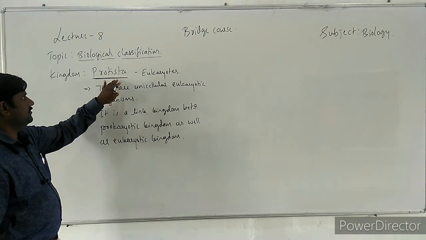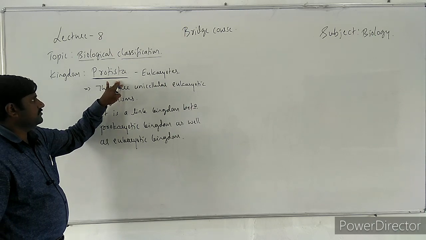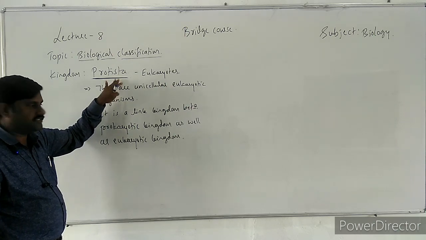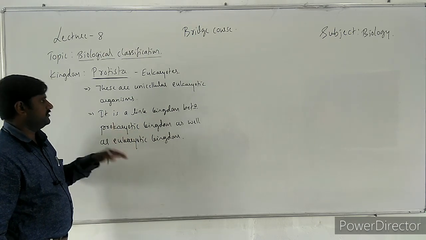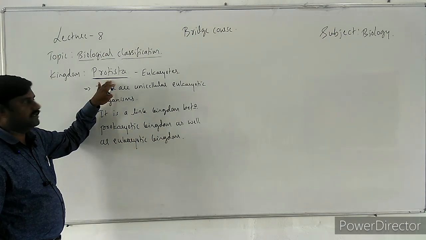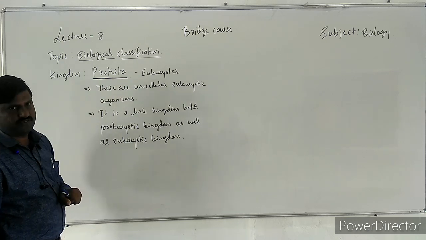Means this kingdom's organisms have both the characteristic features of prokaryotes as well as eukaryotes. Hence it is said to be a linking kingdom.